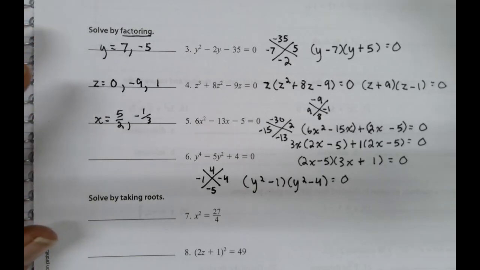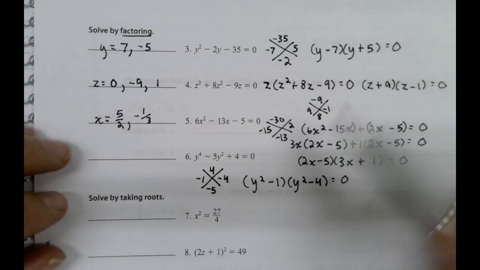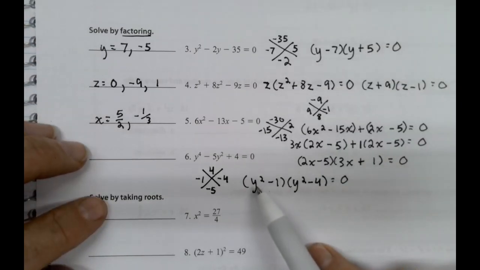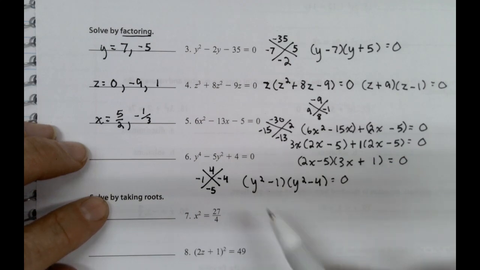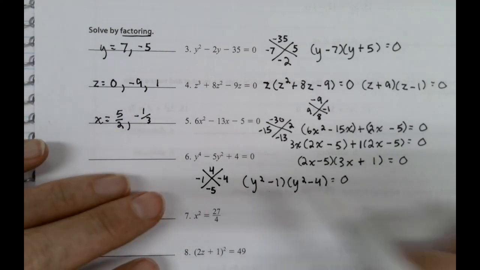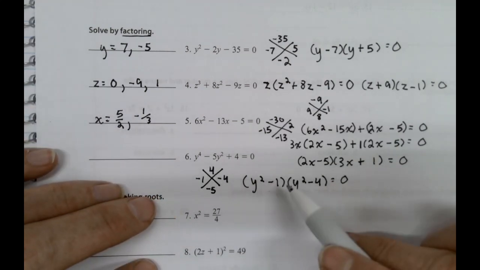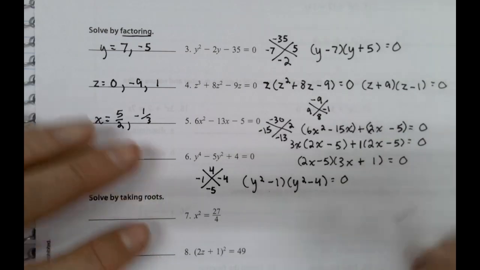Now here's the other thing that's tricky about this problem. You can actually factor y squared minus 1 and you can factor y squared minus 4. Those are perfect squares. Well, I should strike that. They're not perfect squares. Y squared is a perfect square, 1's a perfect square, right?